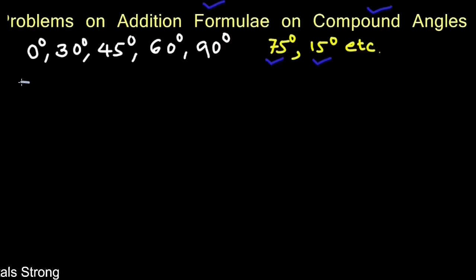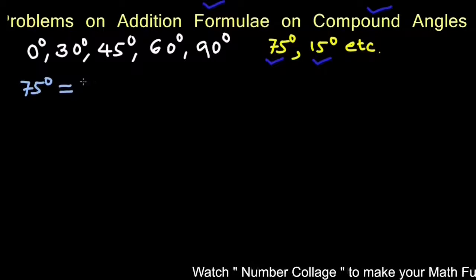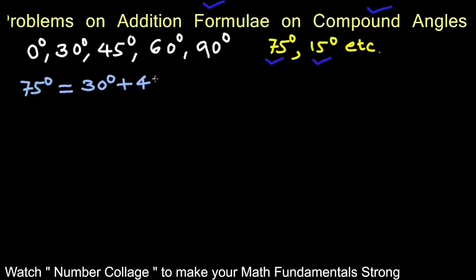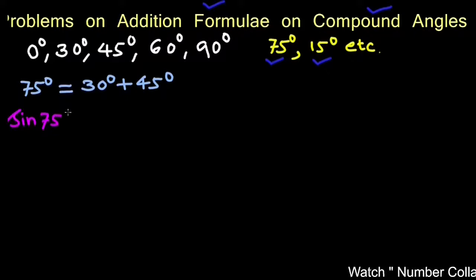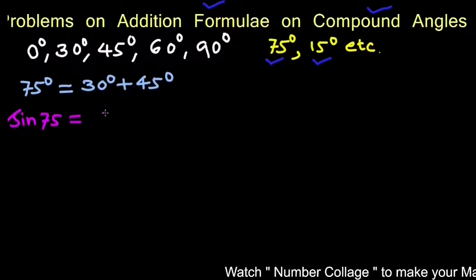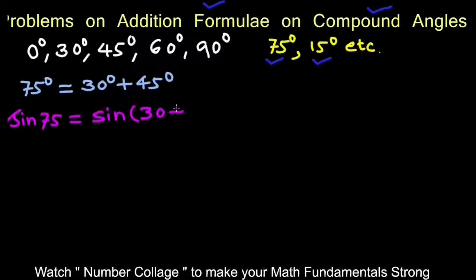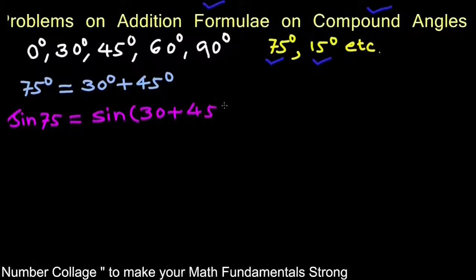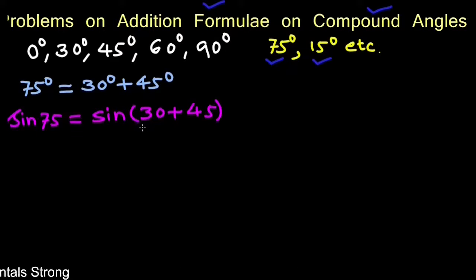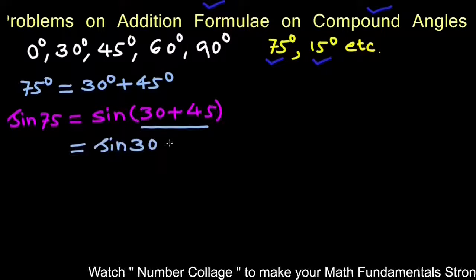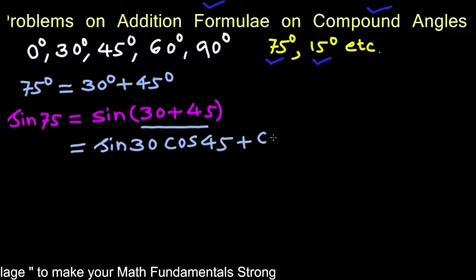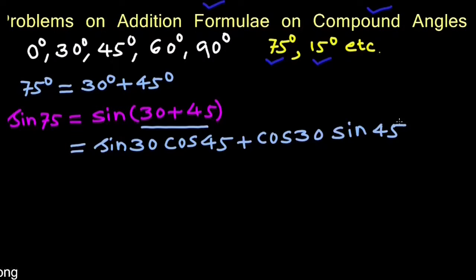Now, angle 75 degrees can be split into compound angles 30 degrees plus 45 degrees. So, when we want to find out sine 75 degrees, then we can write it as sine of 30 degrees plus 45 degrees and apply addition formula on these compound angles. So, we will write by addition formula of sin A plus B, sin 30 cos 45 plus cos 30 sin 45.